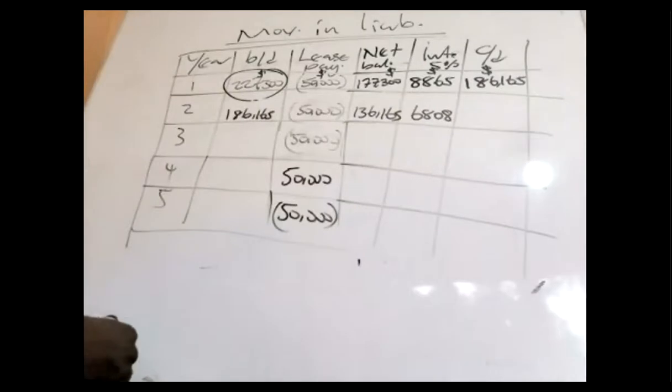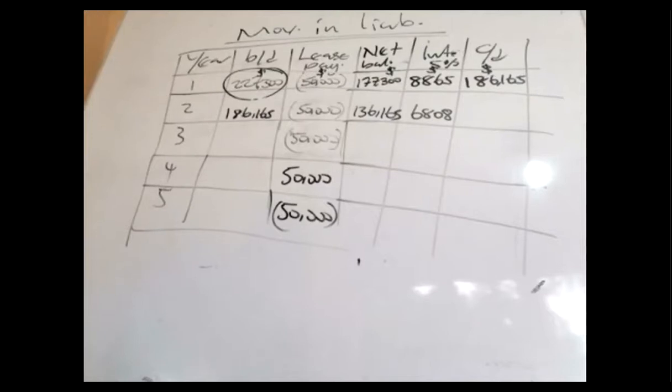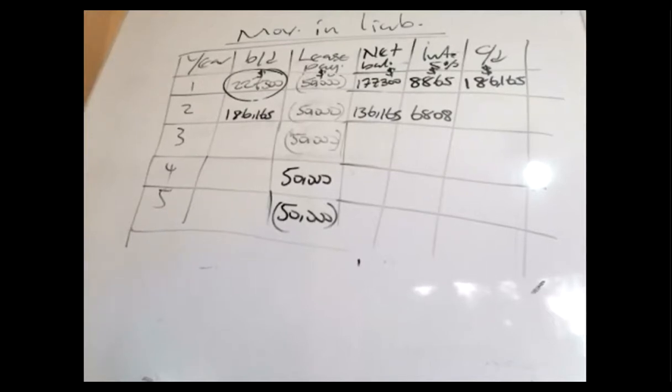You add it back and then you get a closing balance of 142,973.